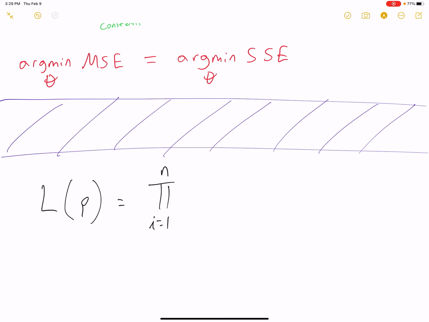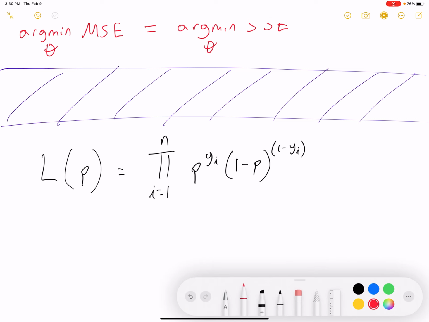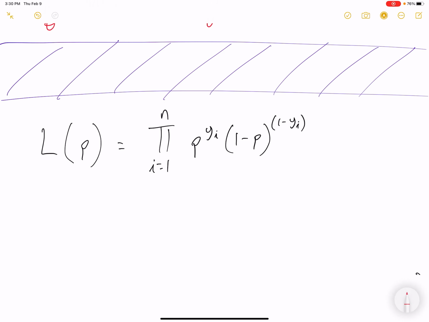So going to the likelihood of the Bernoulli distribution, recall that we said last time the probability mass function of the Bernoulli is this equation, and we gave an intuition as to why. So just a reminder, this is the Bernoulli probability mass function.